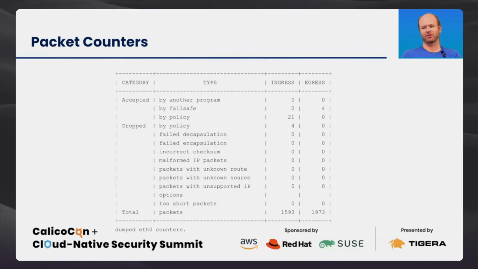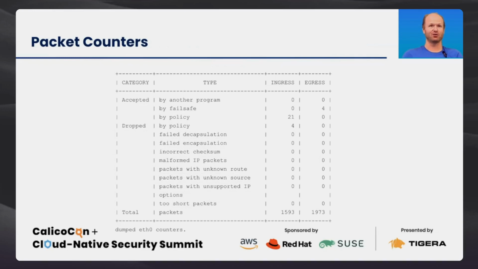With iptables, one bit of information you can usually get is how many packets hit a certain rule, which gives you an indication of whether packets were dropped and where they were dropped. So Calico eBPF now also comes with packet counter dumps.